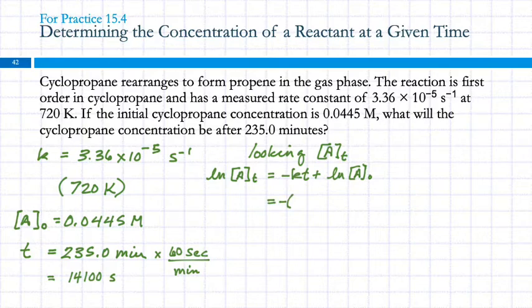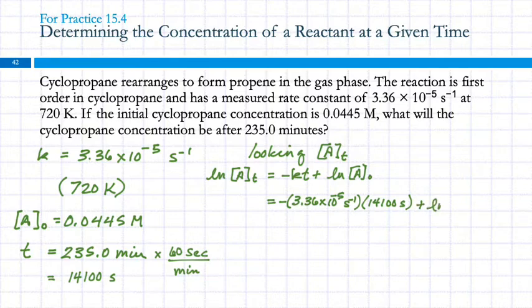Negative, and then we're going to put in the rate constant. And the time is 14100 seconds. Now, if I didn't put the unit here of second to the minus 1 and I wasn't paying attention, I might accidentally use 235 minutes, but here the seconds cancel out.